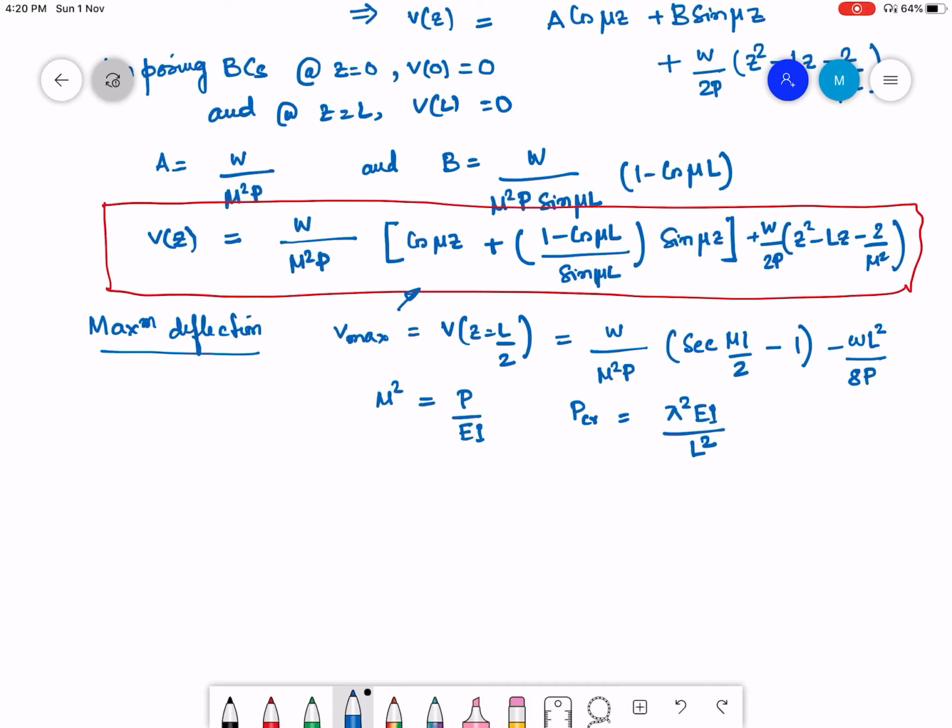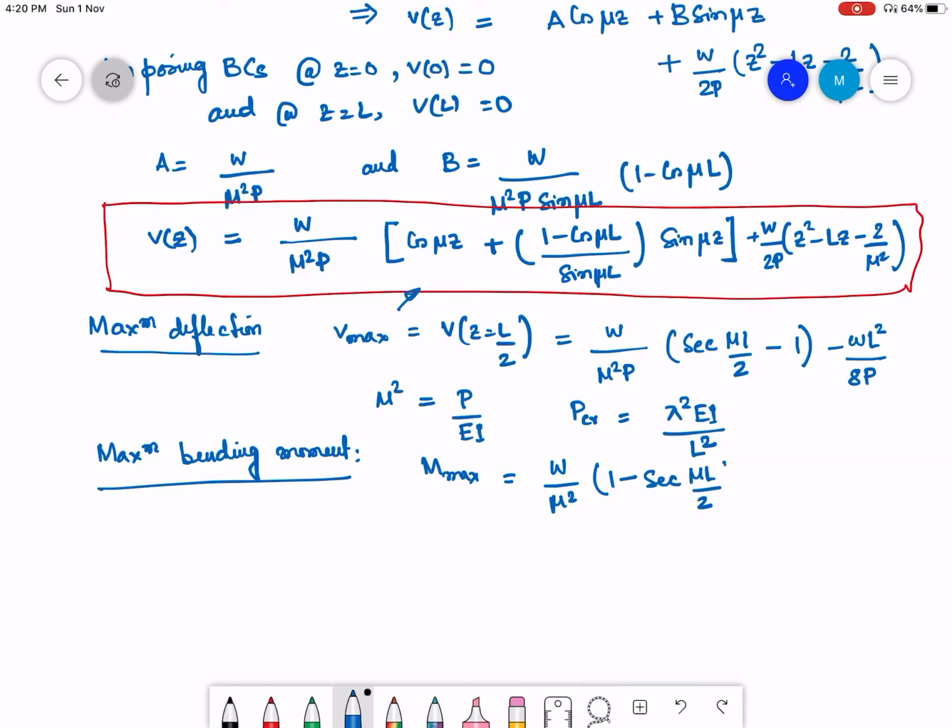Then let us also find the expression for the maximum bending moment, the internal bending moment that is going to develop in the beam, which is M max, and that is going to be w by mu square into 1 minus sec mu L by 2.